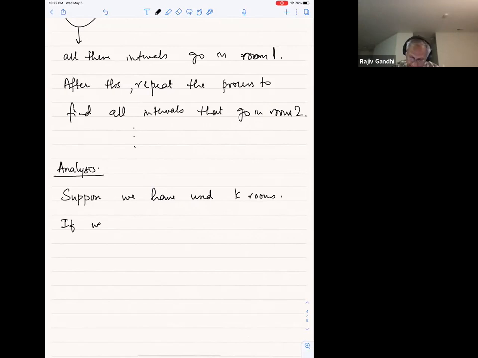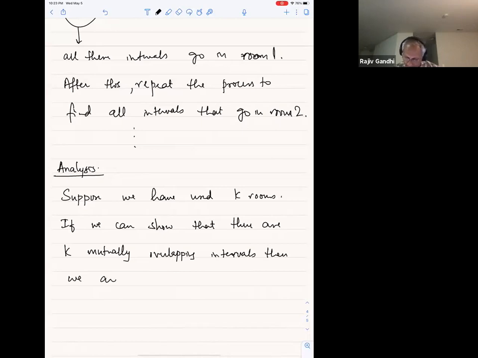If we can show that there are K mutually overlapping intervals, then we are done, right?